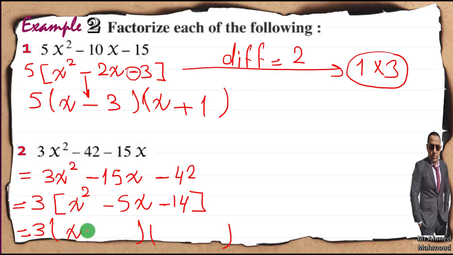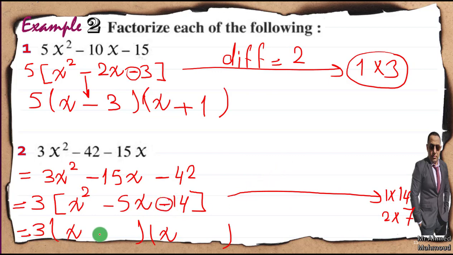X power of 2 will be x and x. 14: divided by 1 equals 14, divided by 2 equals 7, divided by 3 decimal, and so on. Because this is negative, I will write negative and positive.